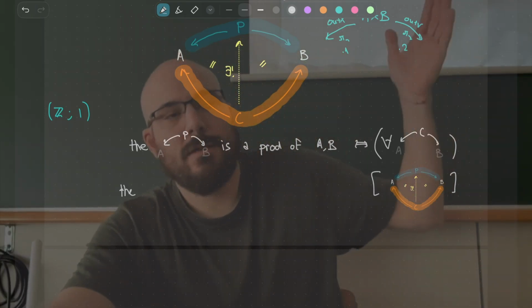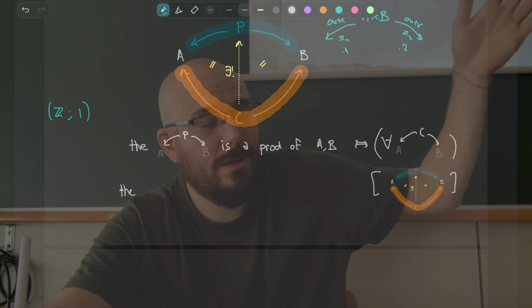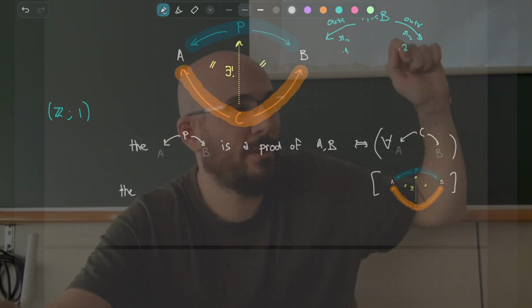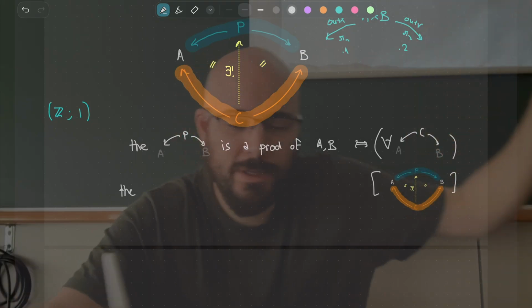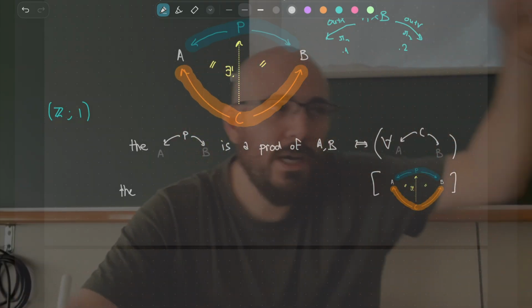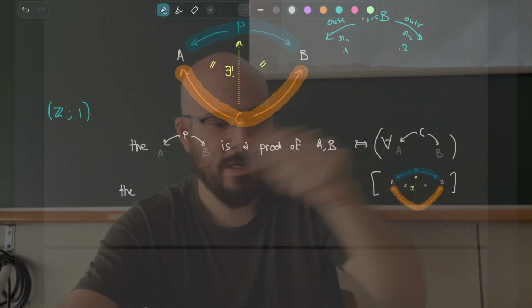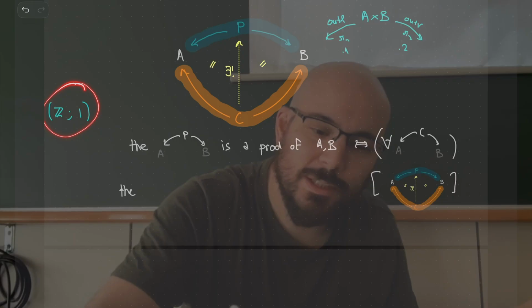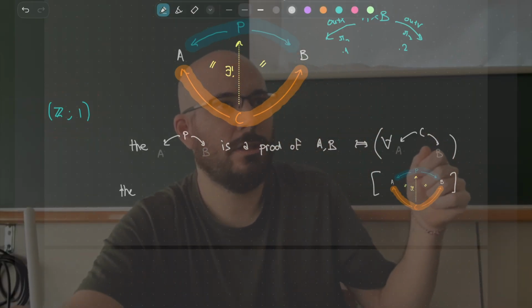What do I get as a candidate of being a product of two integers A and B? First of all, P, which is an integer, must have arrows going to A and to B in this category. So what does that mean? Let's translate this information.